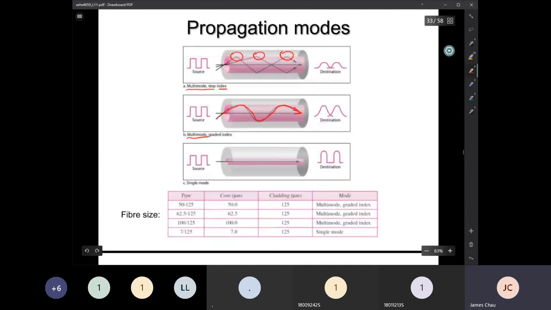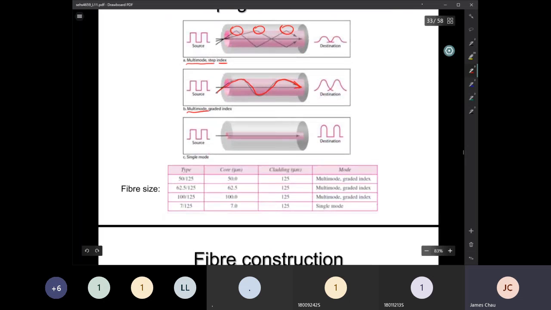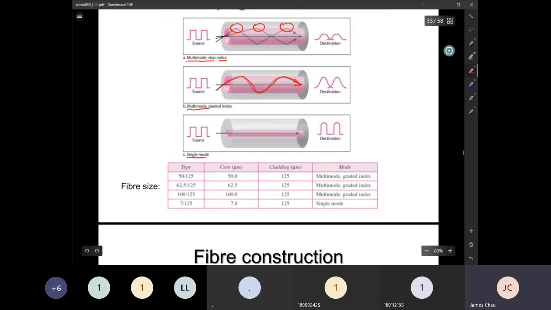You can see the last type, the single mode here, we are only using a core with a small radius, and the signal will pass through the fiber straightforwardly, right?